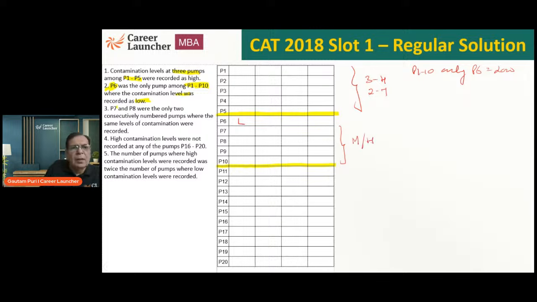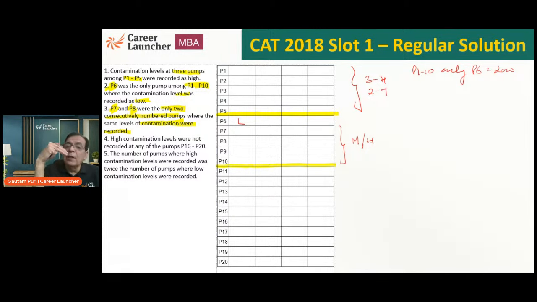Statement C: P7 and P8 are the only 2 consecutively numbered pumps where the same level of contamination was recorded. Every other place, if a particular pump is high, the one before and after will not be high.